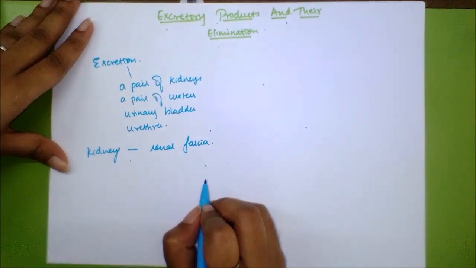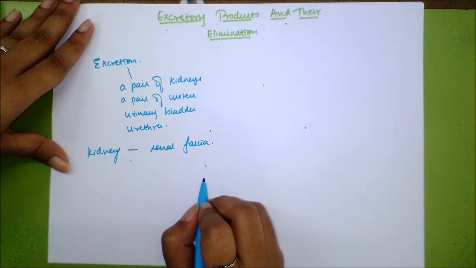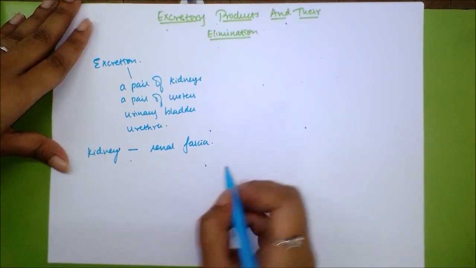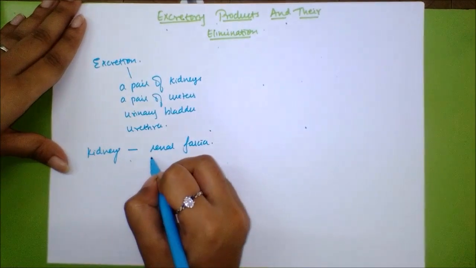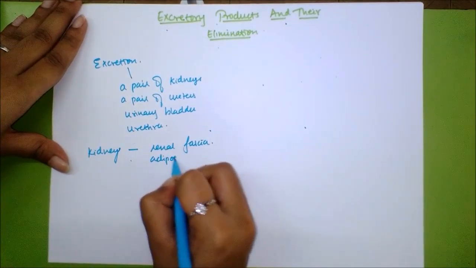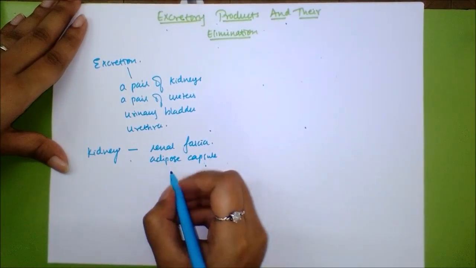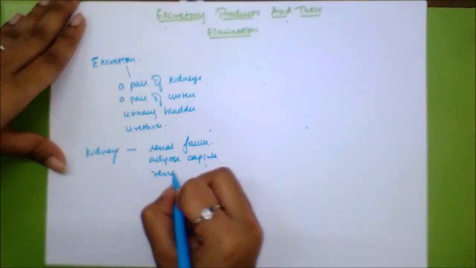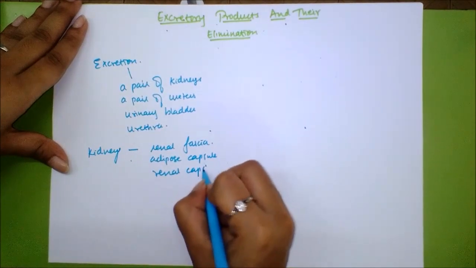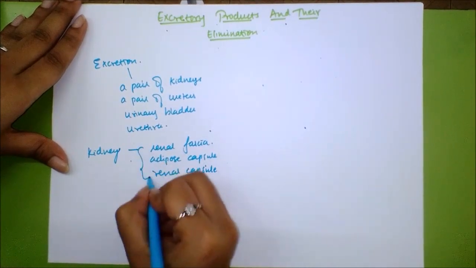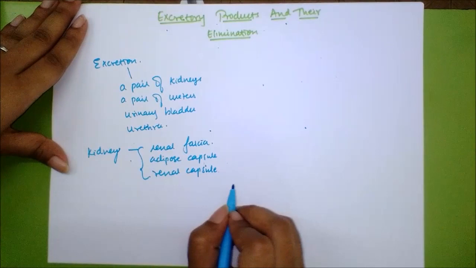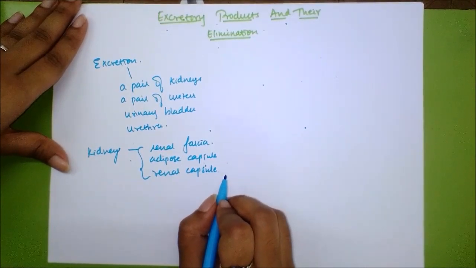The renal capsule, adipose capsule and renal fascia constitute the protective coats of the kidneys. These three cover the kidney.